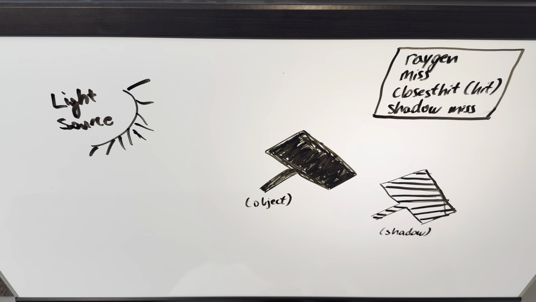Let us draw a primary ray right here. So this is our primary ray, all right? Now what happens is that the primary ray is going to hit this object.